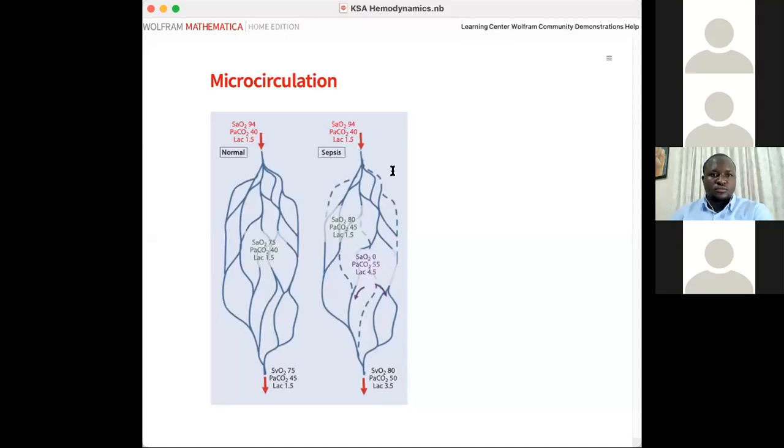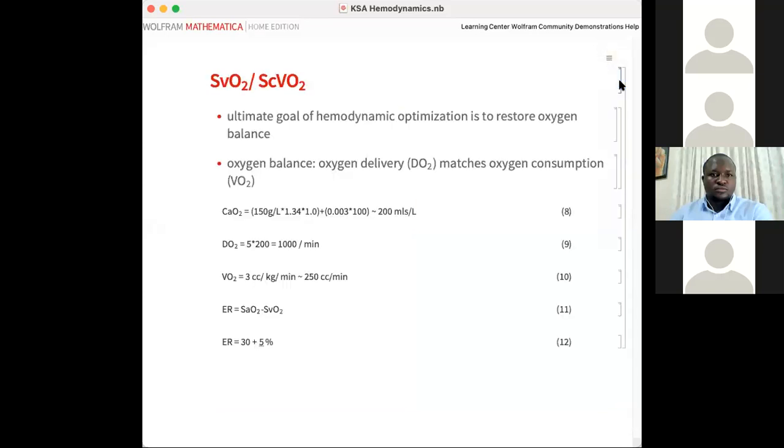So it's characterized by a big veno-arterial CO2 gradient, and a lactate that is higher than normal, because when your lactate is above 2.2, that may be indicative of perfusion problems.